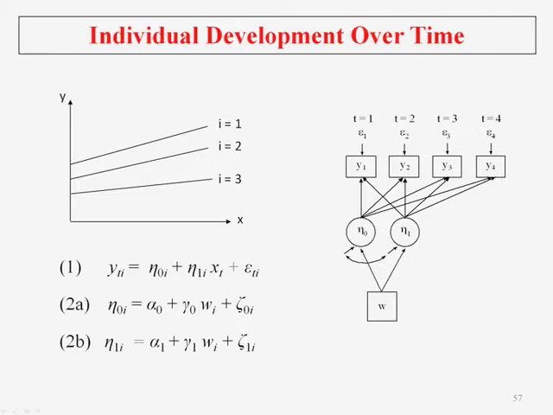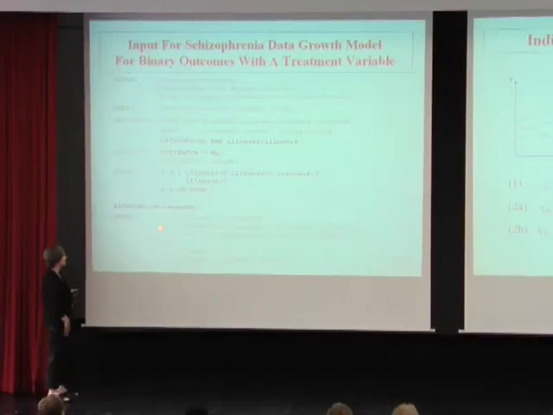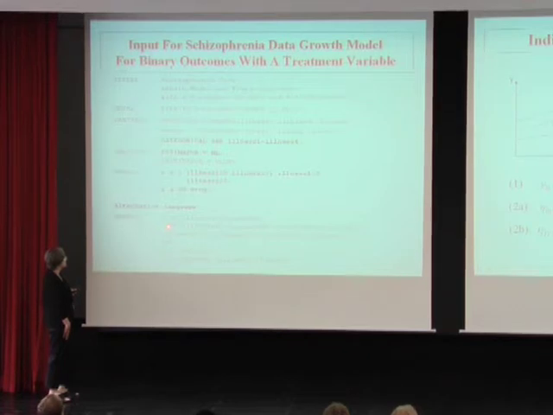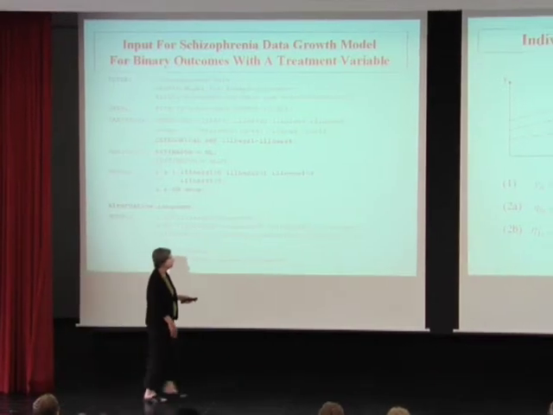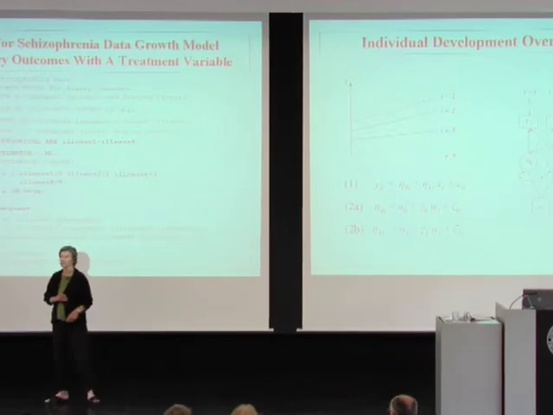And then the slope growth factor also has all of the outcomes as factor indicators. But for that, we give time scores. And the time scores are shown here in the X. So that varies over time, and that's the time score.